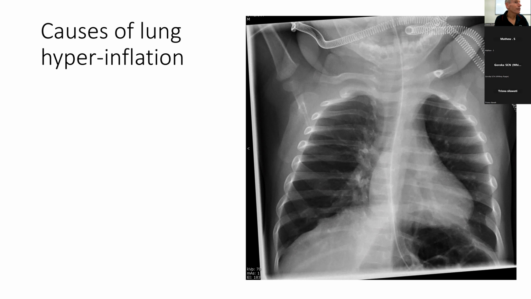Yeah, good point, Hicks. Sometimes, yeah, can you explain that, Hicks? Very good point. That's right. The lung fields look black, don't they?